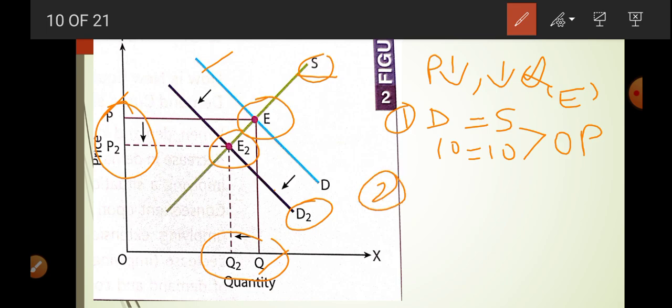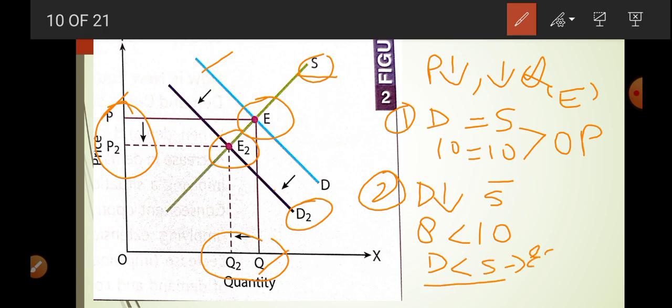Now in the second condition, demand is decreasing with no change in supply, that is, demand becomes 8 and supply is still 10. So which is greater? This is greater. In this way demand is less than supply, that is, there is a condition of excess supply. Whenever we find excess supply, there will be competition among the sellers and price is going to be low.